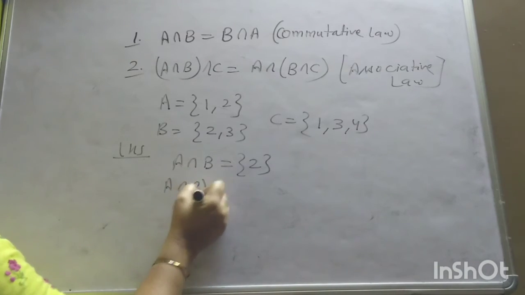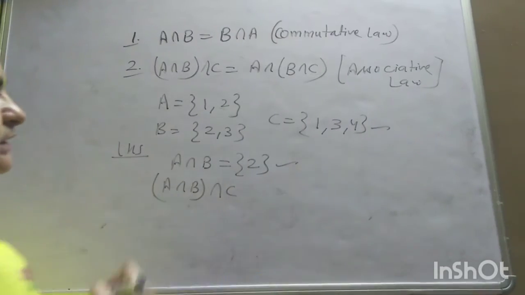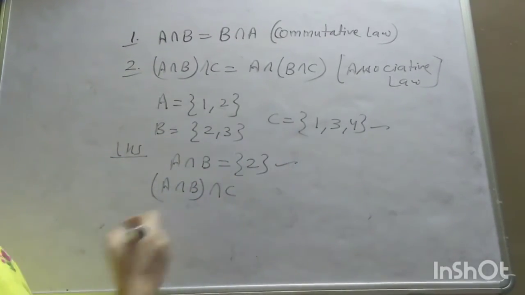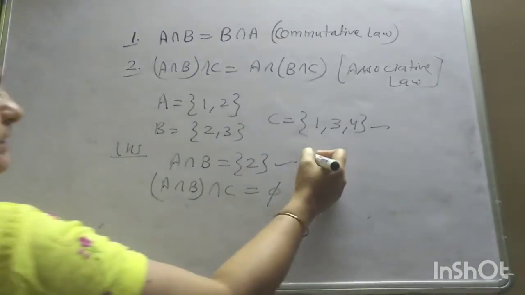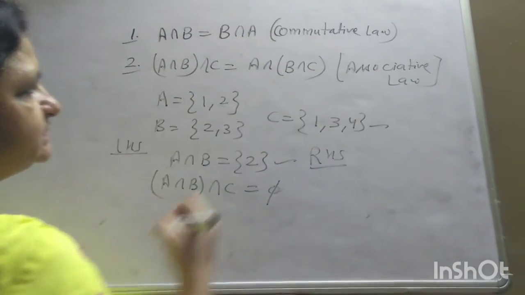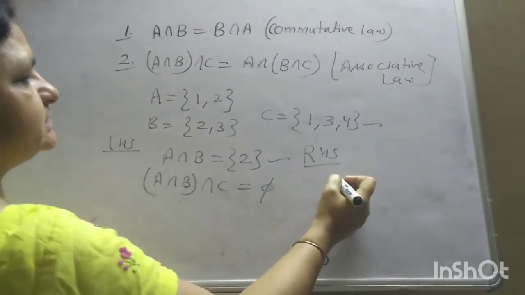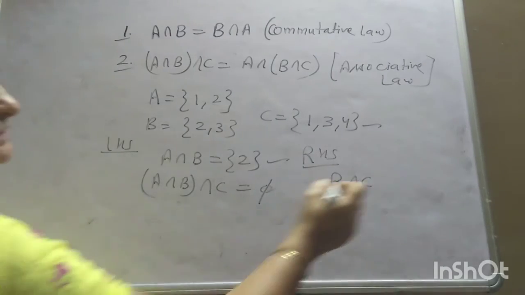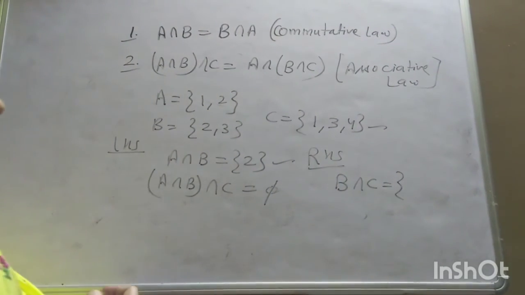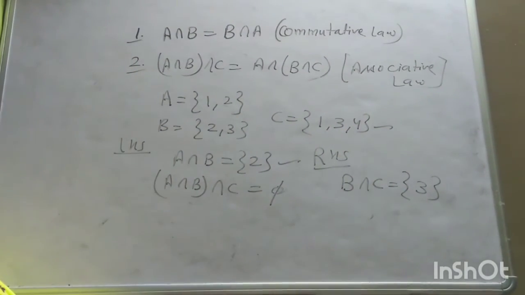Now, (A intersection B) intersection C: nothing is common in these two, so result is phi. Now, on the right hand side, A intersection (B intersection C). At first we will solve B intersection C, which is set 3.